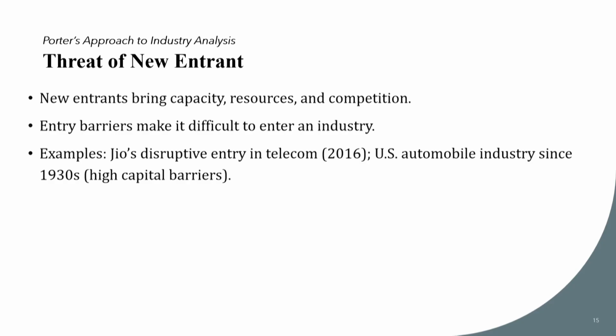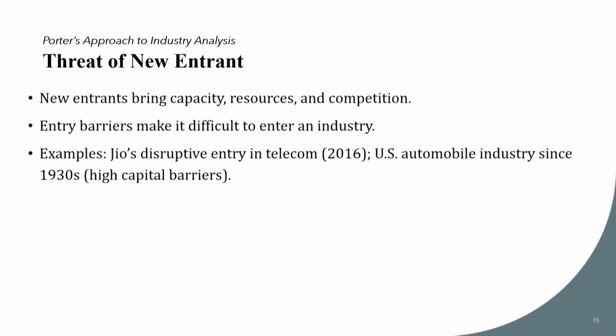But industries also have to understand the kind of entry barriers that are prevalent, such as high capital requirements, which sometimes make entry difficult. However, even though entry barriers are there, some disruptive entry takes place. For example, in 2016, you may recall there was the Jio entry. It completely disrupted the market, because what Jio did was a predatory pricing strategy.